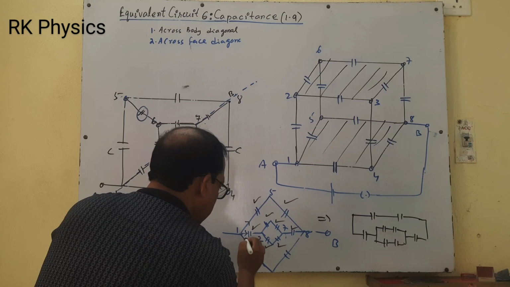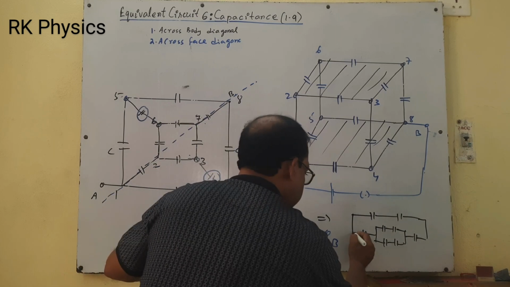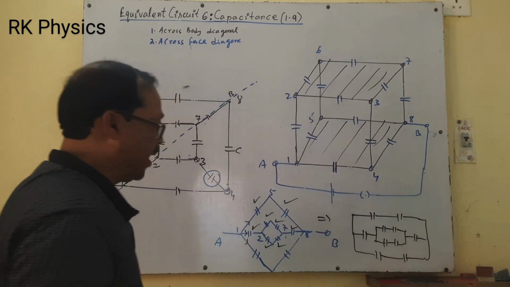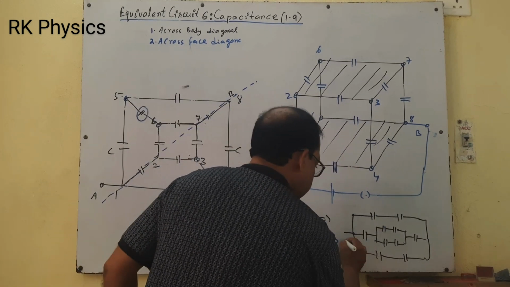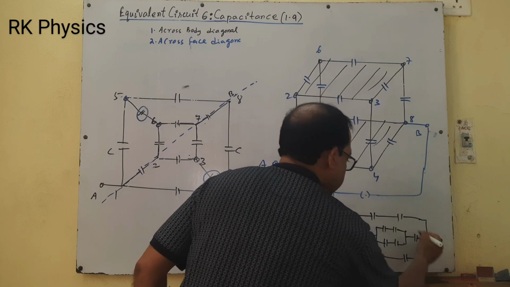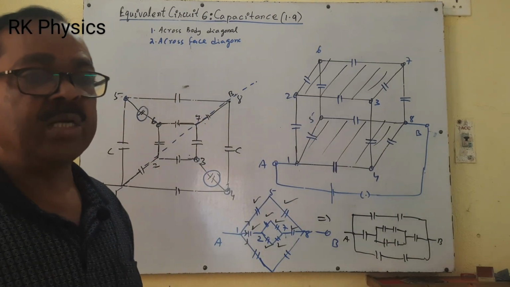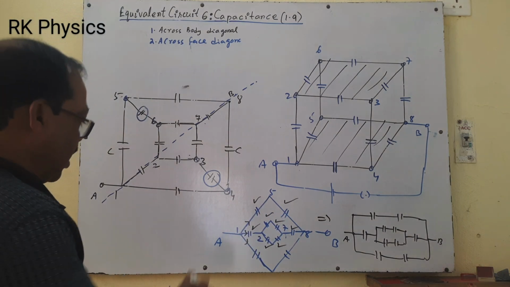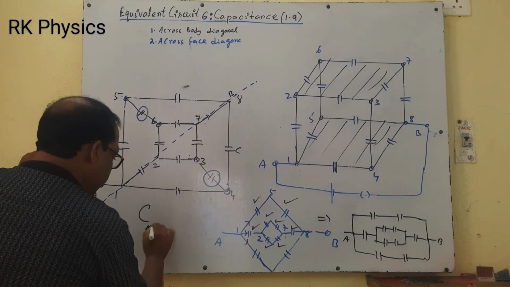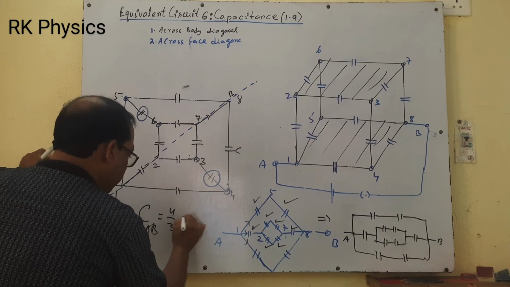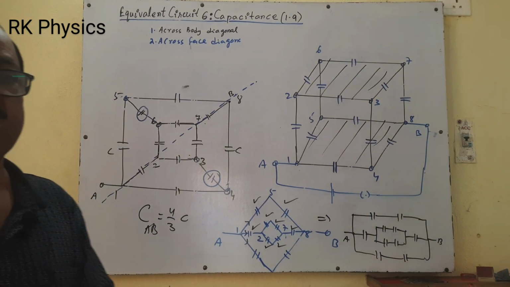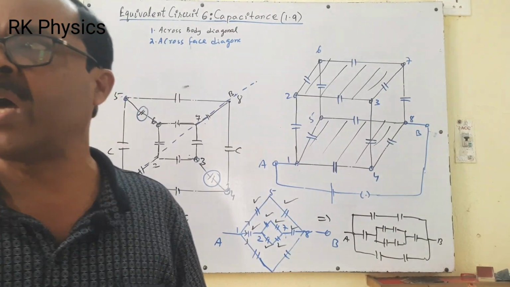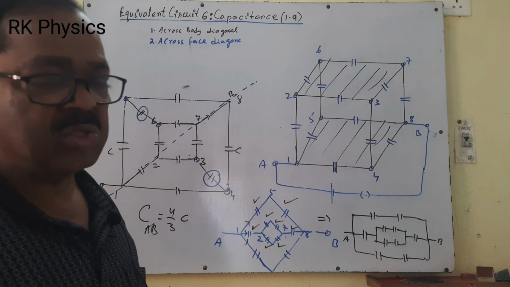This is one branch, two branch, three branch. All three branches are parallel. The first branch and third branch are identical. You take this as A and this as B, and it is easy to calculate the equivalent capacitance now. Therefore, after solving you get C_AB equal to 4 by 3 C. Let us try to solve it. If the capacitances are identical, this will be your answer.